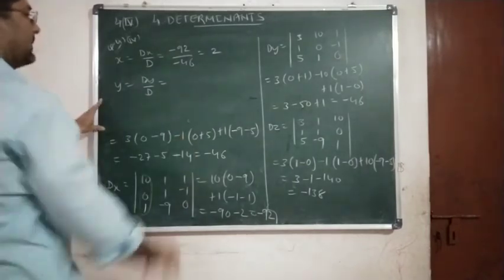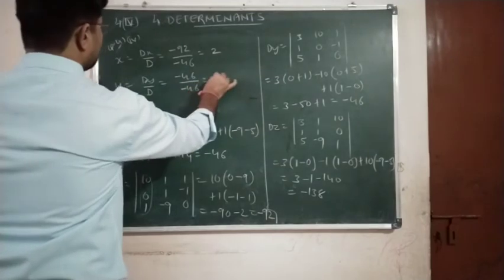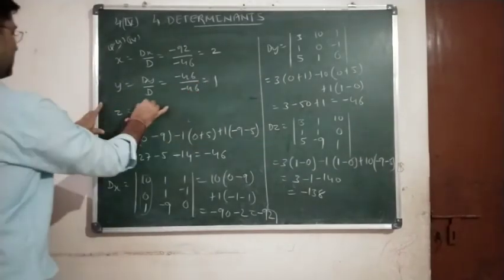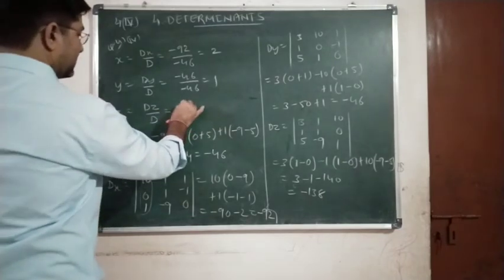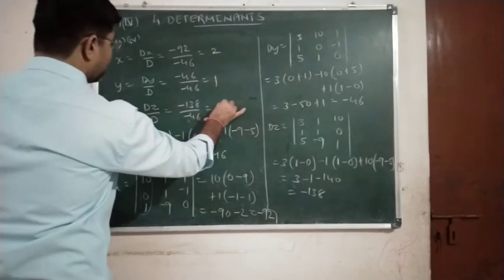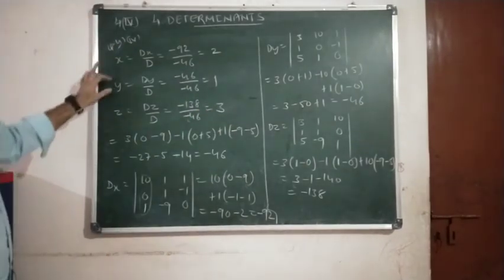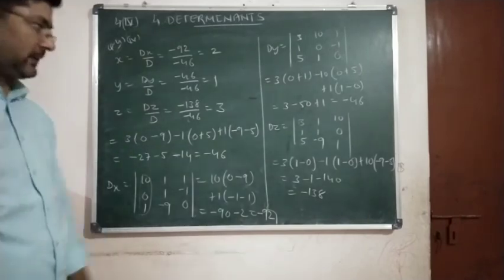Okay, dy was minus 46 upon minus 46 is equal to 1, and z is equal to dz upon d. Okay, the value of dz is minus 138 upon minus 46, which is equal to 3. So the value of x is 2, the value of y is 1, and the value of z is 3.